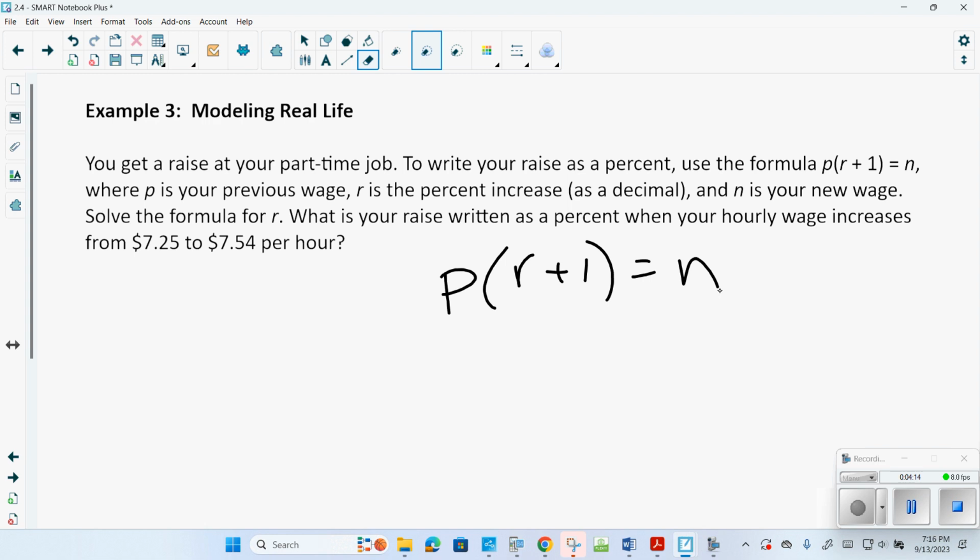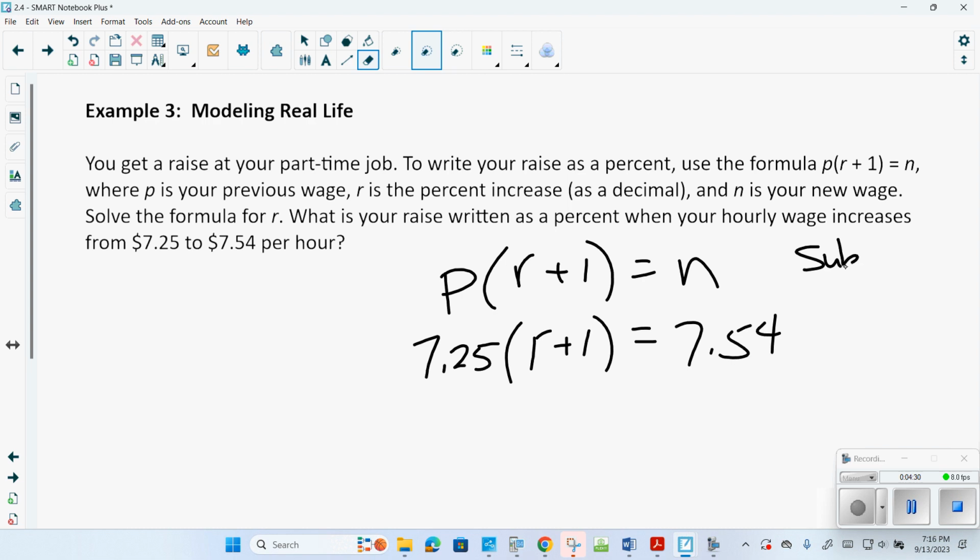Now, I actually, on this one, just plugged it in. So my old P is my previous wage. So $7.25 times R plus 1 equals my new wage of $7.54. And I did substitution, allowed me to do that.